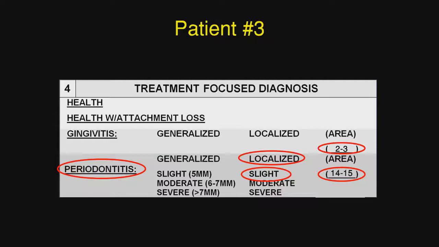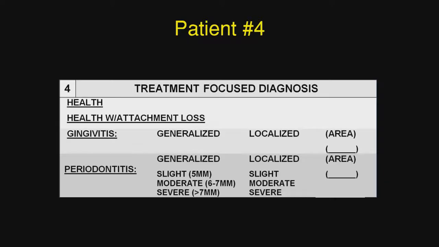Nothing is said about the rest of the mouth, so we can assume that the only area of disease is in these maxillary molars. The rest of the mouth would be treated as a healthy mouth with a prophy. But what do we know from this diagnosis? We know that no surgery is going to be necessary, and we also know that this can be treated very successfully with non-surgical treatment using scaling and root planing.